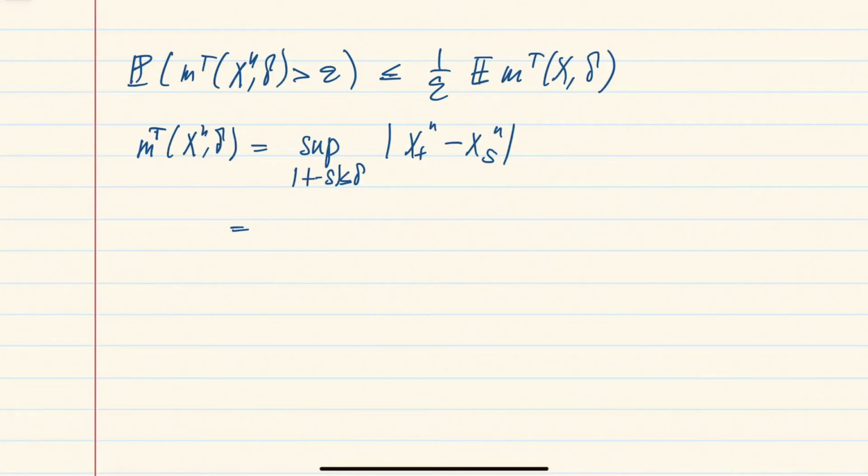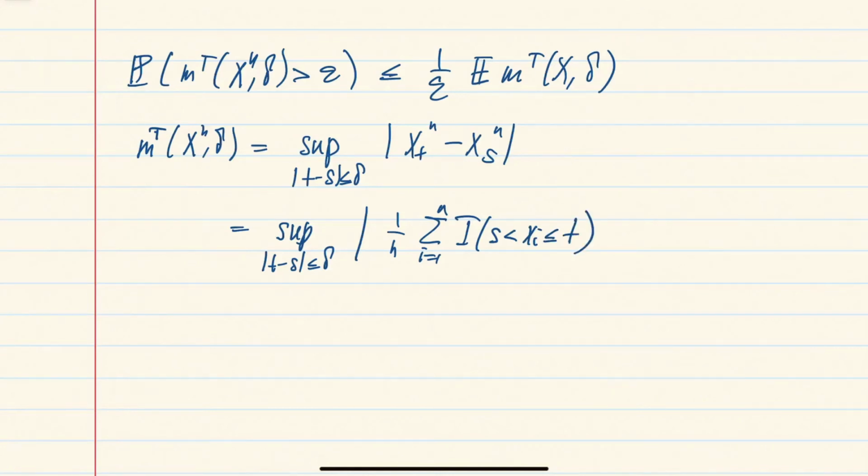Okay, so this will be the same supremum, and then when you subtract the average of indicators, you will just have the average of the indicator of the interval in between these points. So let's suppose s is smaller than t, then the average of indicators will be again an indicator of this interval. Right? And then the difference of CDFs will be just t minus s. And we also have a square root of n factor.